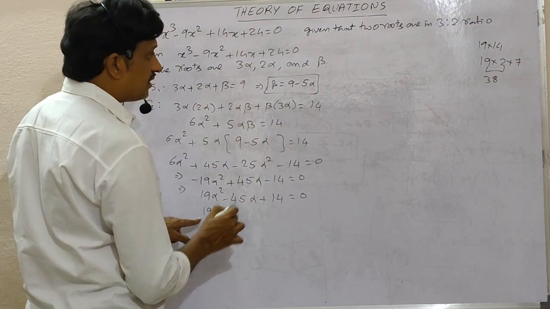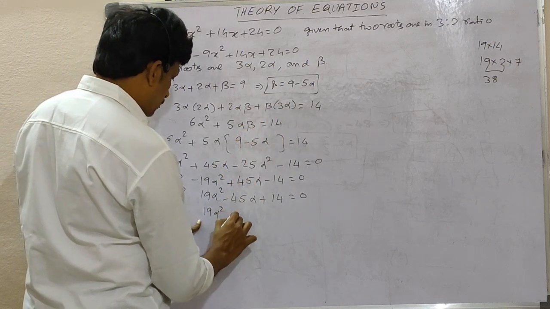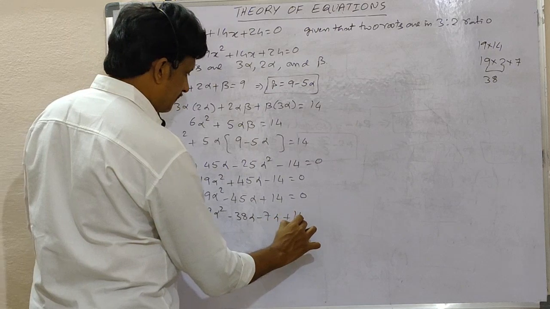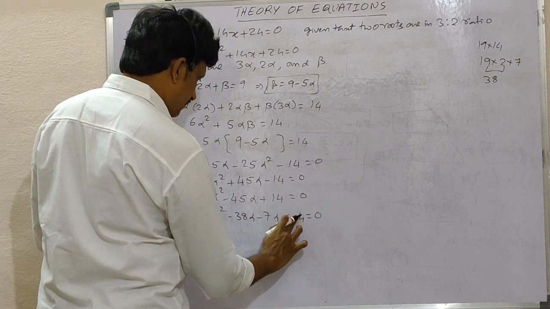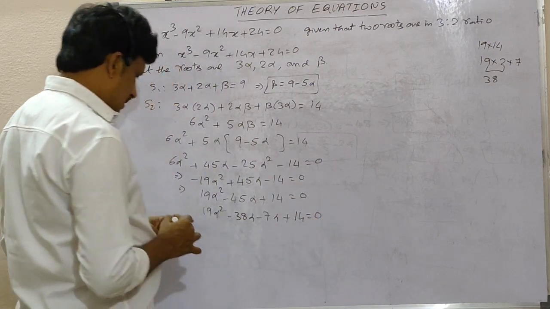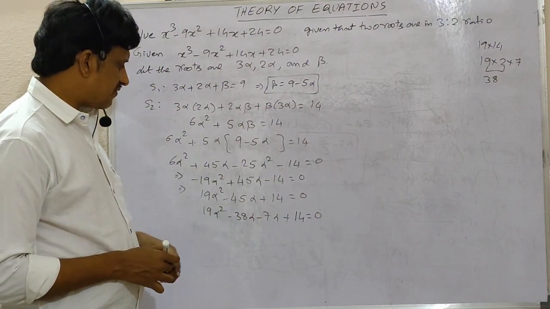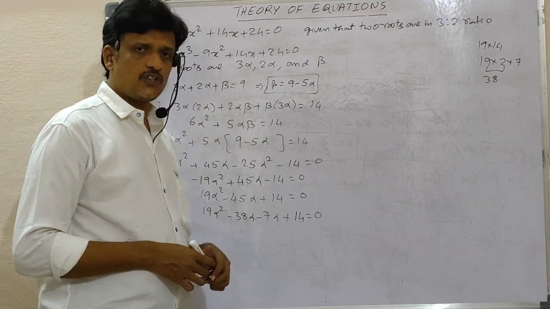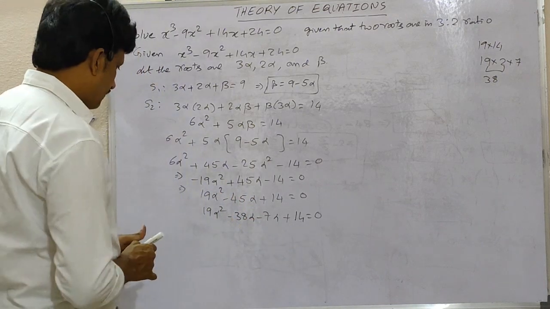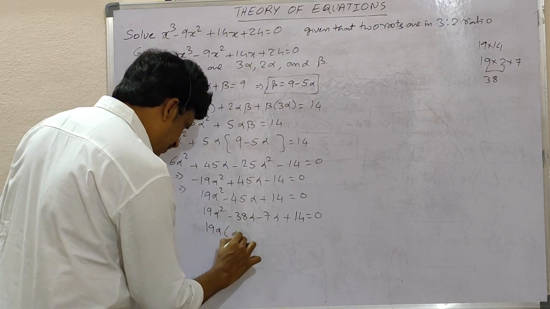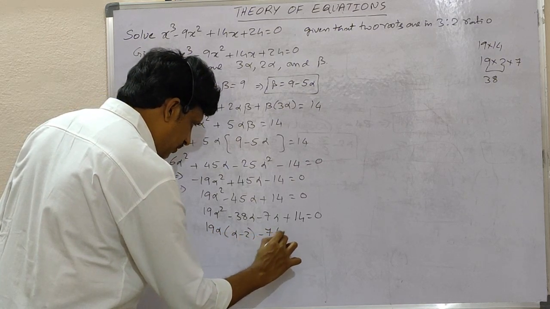19 alpha square, 38 and 7. So minus 38 alpha minus 7 alpha plus 14. Here minus 38 alpha minus 7 alpha gives the required minus 45 alpha, and the product gives the required positive value 19 into 14. So this will be 19 alpha into alpha minus 2, minus 7 into alpha minus 2.